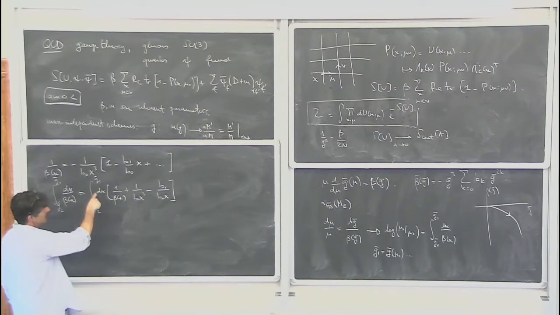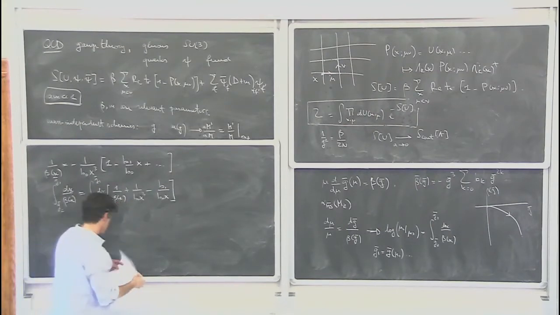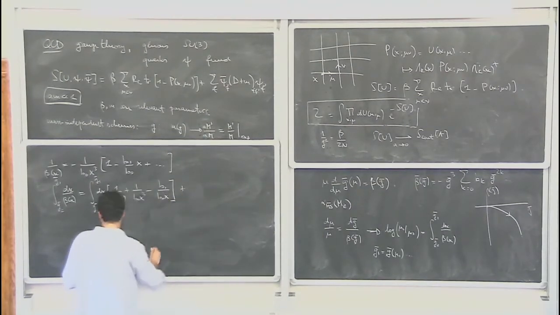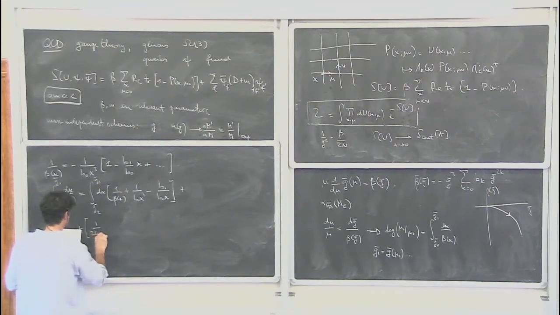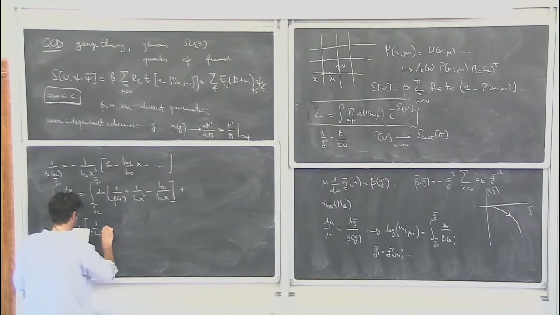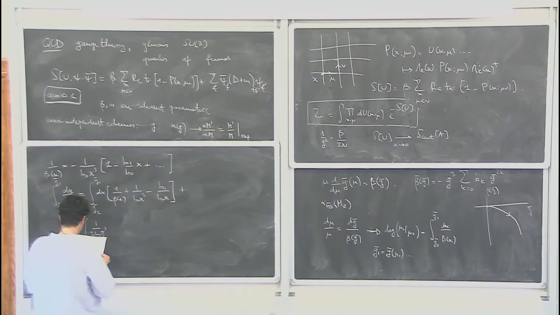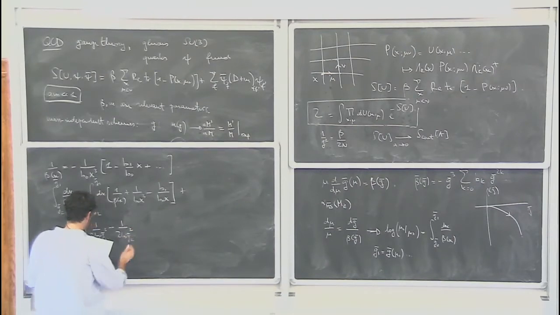Because here the limits are not 0, I can do the integral. I don't have to worry about the divergence. And so if you do the integral, you get the following contribution. 1 over 2 b0 g1 bar squared from integrating 1 over x cubed, minus 1 over 2 b0 g2 bar squared.